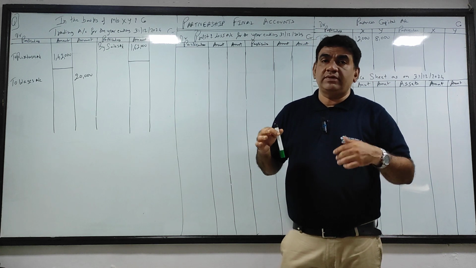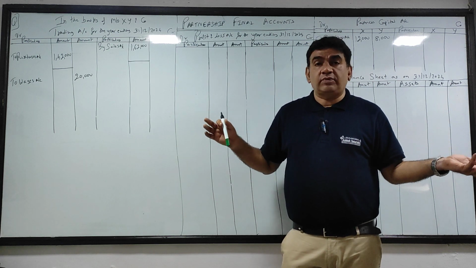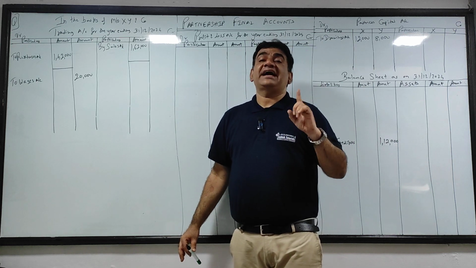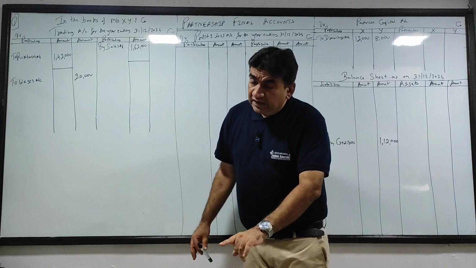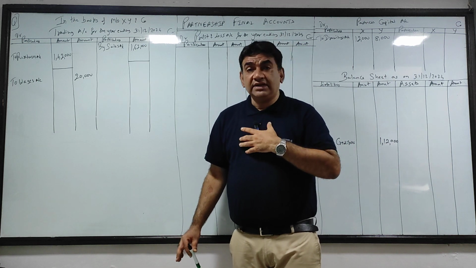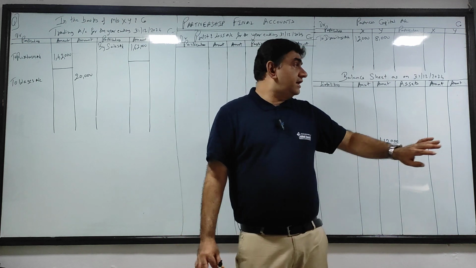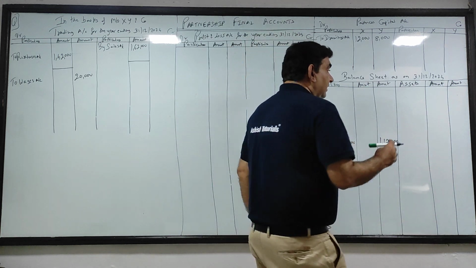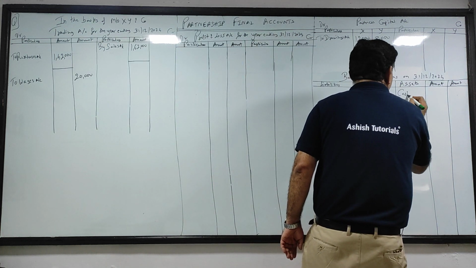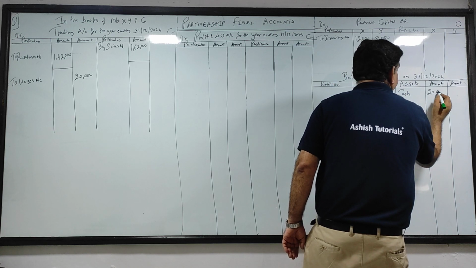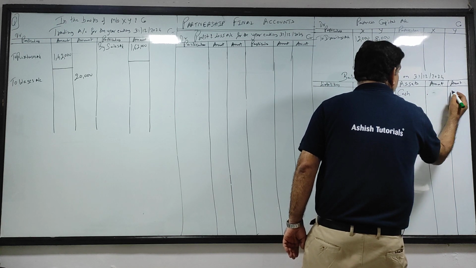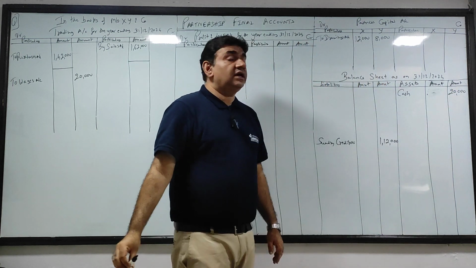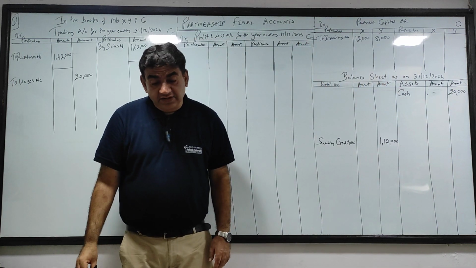You won't say minus 2,000 in my wallet. So cash will always have a debit balance. It is my money, owned by me, therefore it is my asset. So come to the asset side. Cash, no mark, so straight outside: cash 20,000 directly in the second column.